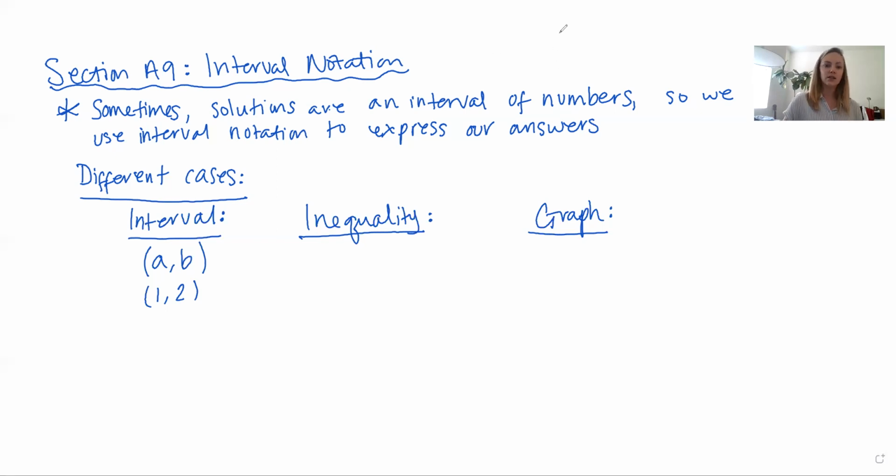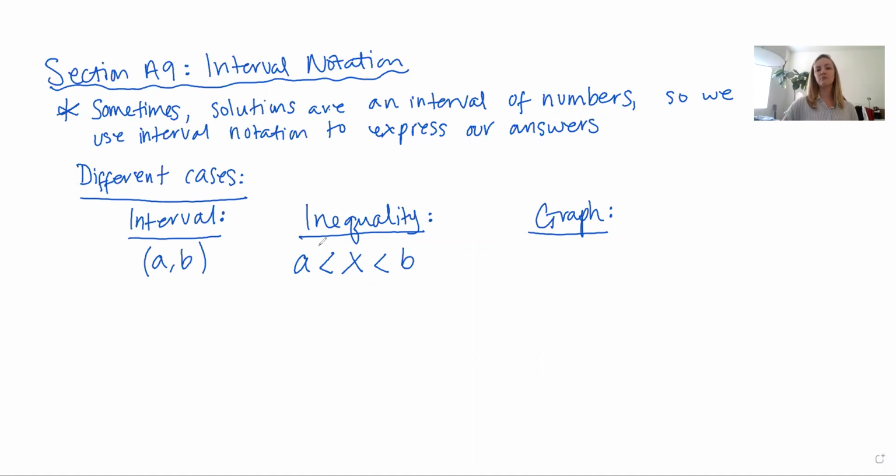The inequality is going to look like x is somewhere between A and B. Since it's not equal to, we're going to use less than signs and put A and B on the left and on the right.